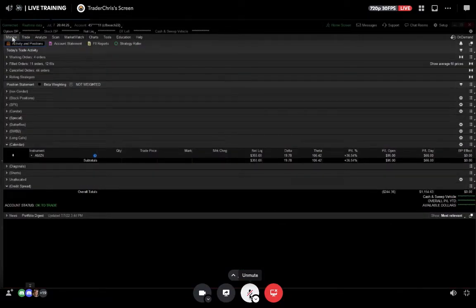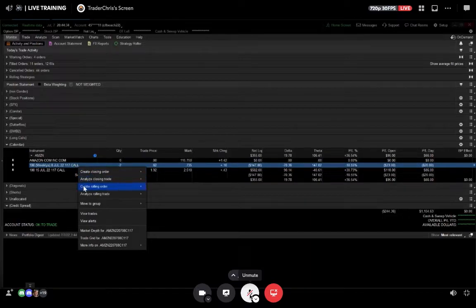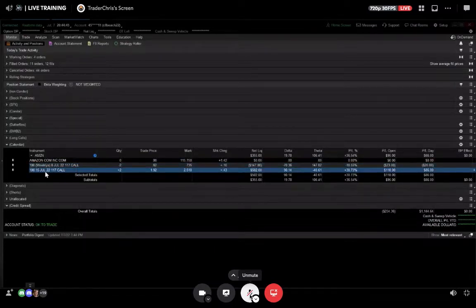So tomorrow we would come in here and we would click on the short, right click, create rolling order. It will automatically just roll it to the same value for the next expiration, right? So let me take stock. We are long 15 July 117.